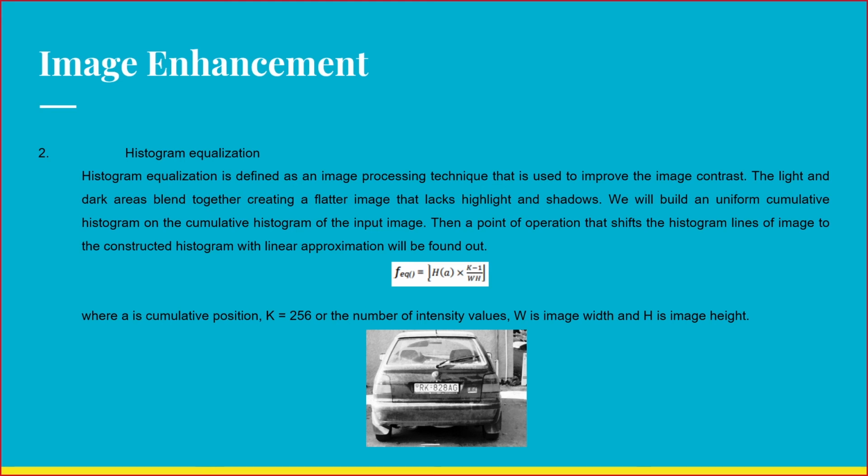Then a point operation that shifts the histogram lines of the image to the constructed histogram with linear approximation will be found. This is the equation involved, where A is the cumulative position, K equals 256 or the number of intensity values, W is the image width, and H is the image height.